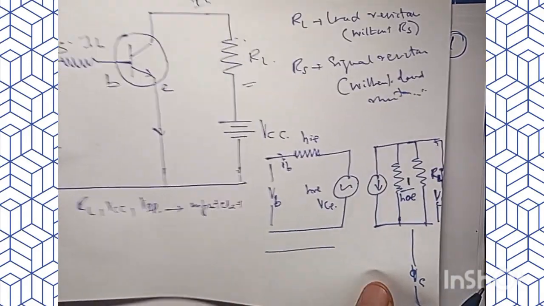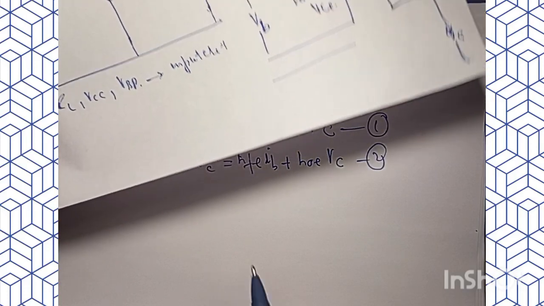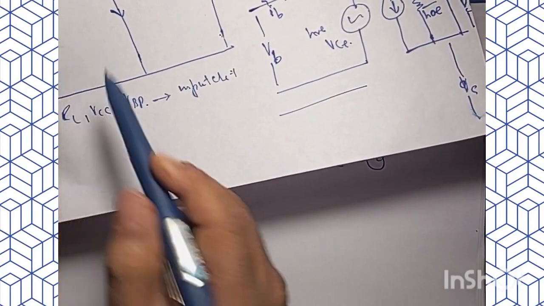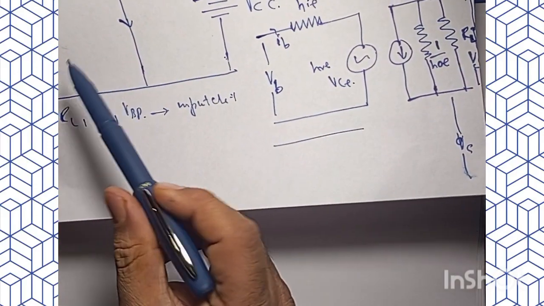Now, if we look back into this circuit, we can write two additional equations, for the input circuit and for the output circuit.